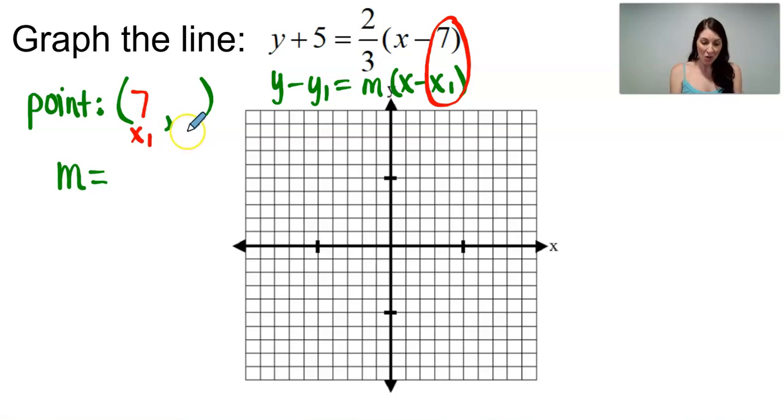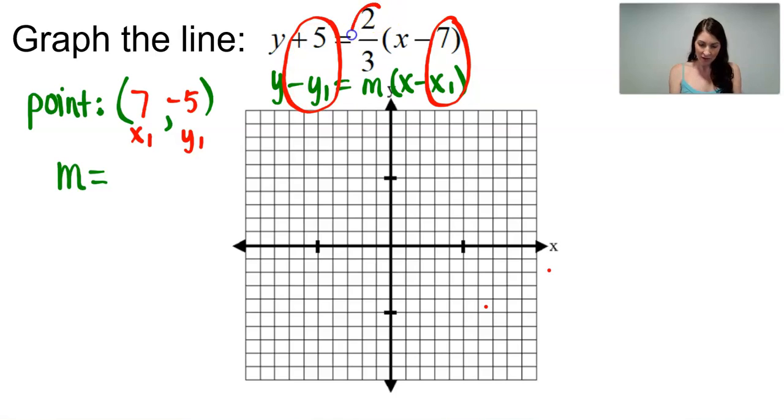Let's head to the y-coordinate of the point. Here, I have a +5. Remember the last example when I subtracted a negative? That's why it switched to positive. So here if I have a +5, the y1 must be -5 so that when we subtract that -5, it becomes positive in our point-slope form.